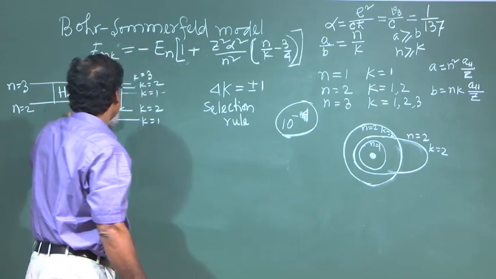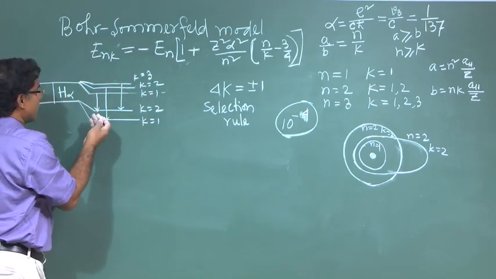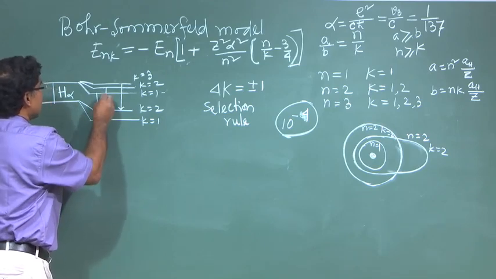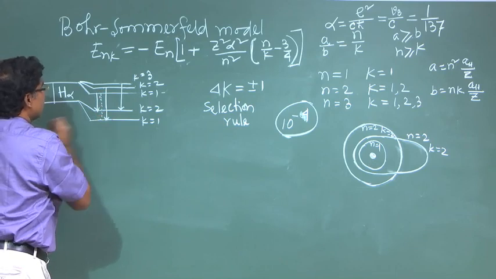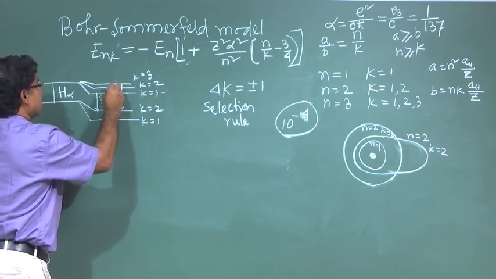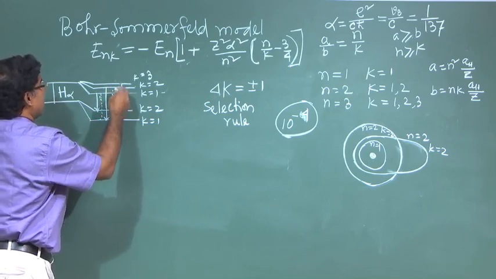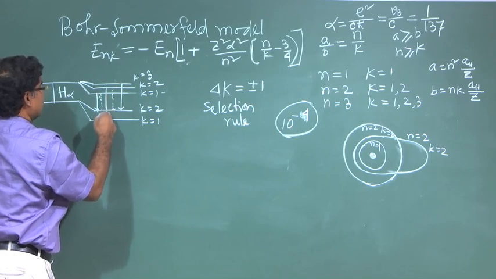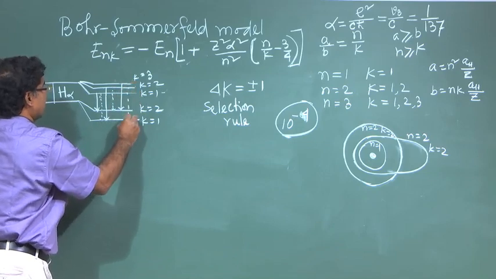So only 3 transitions are possible; the other transitions are called forbidden transitions.